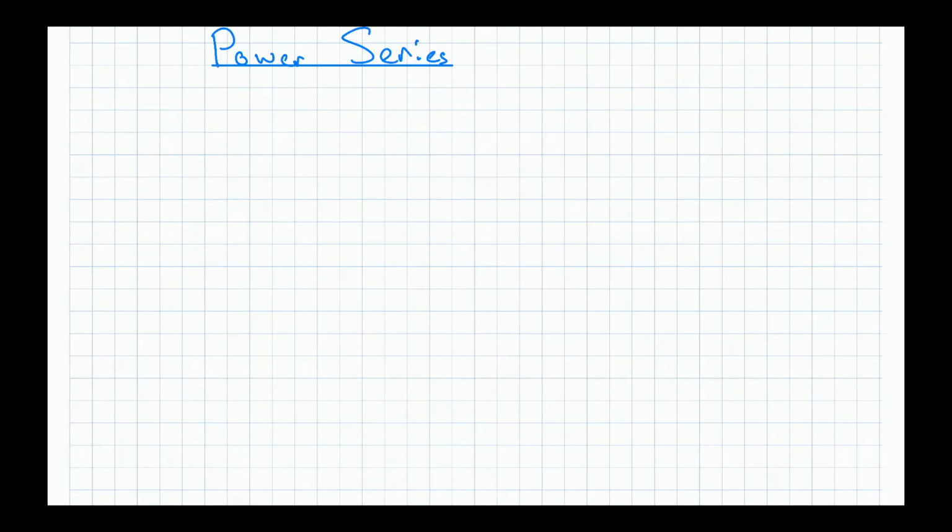So what is a power series? Actually, let me rephrase this. A power series, I want to say centered at x equals a, because they have a center, and that's part of the definition.